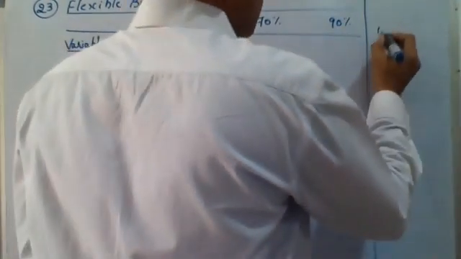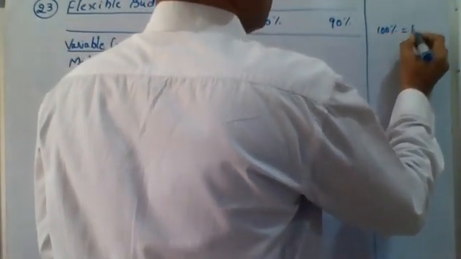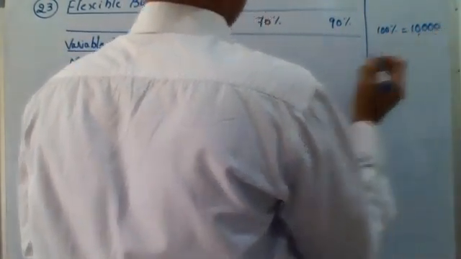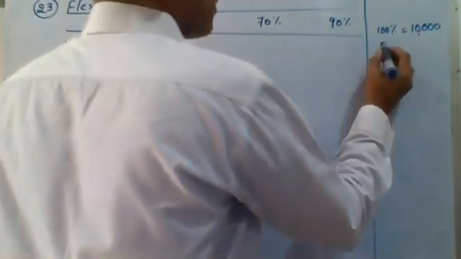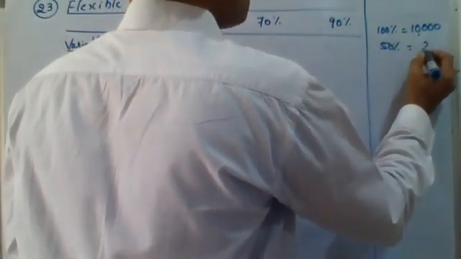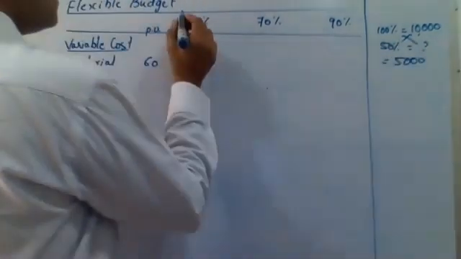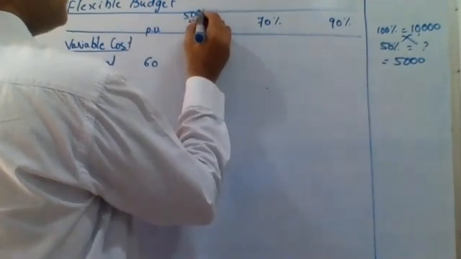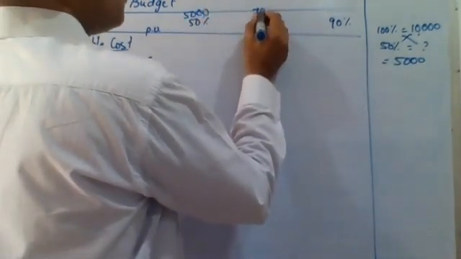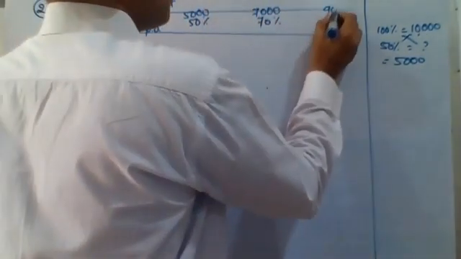And if you see the question, he says at 100% capacity they are having 10,000 units. So obviously for 50% capacity, how many units they should have? That should be 5,000 units, isn't it? So this is at 5,000 units capacity. This will be 7,000 units. This will be 9,000 units.